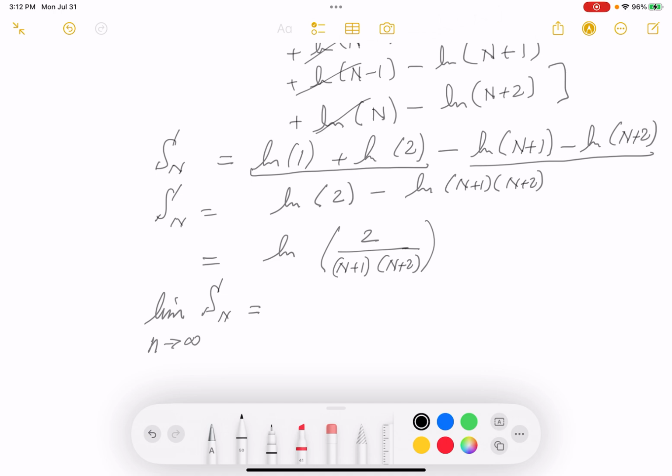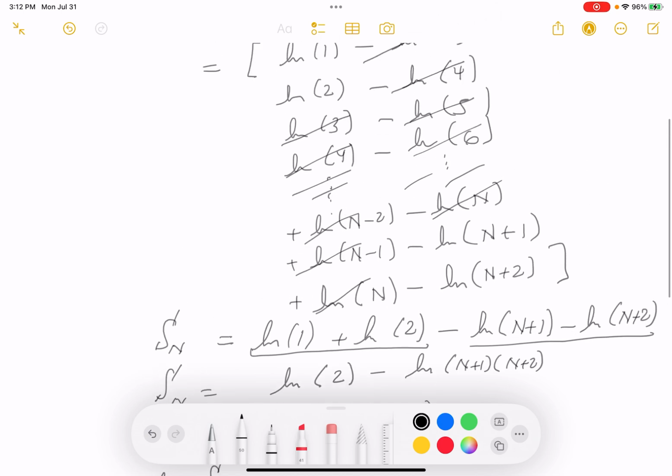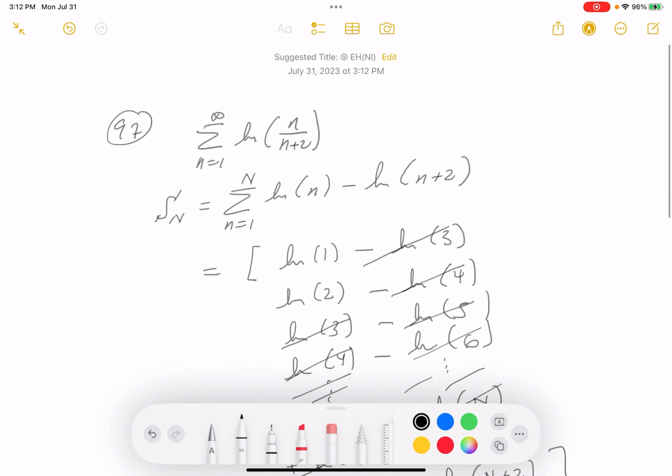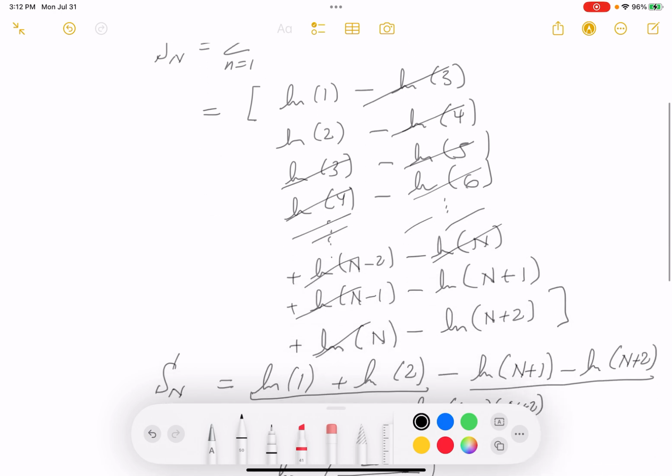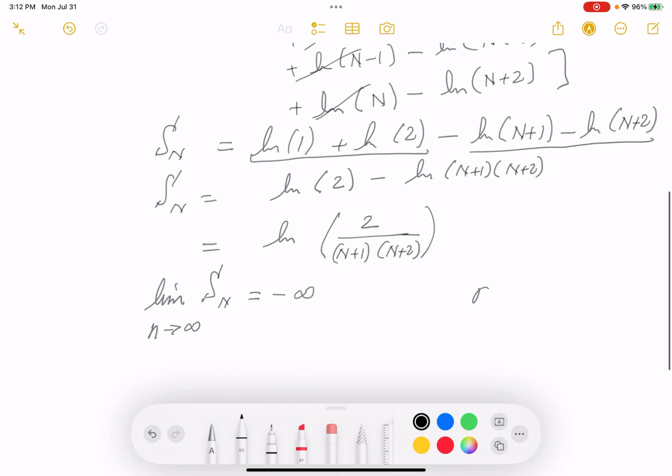Well, if n goes to infinity, the bottom gets huge. 2 divided by a huge number is going to go towards 0. And the natural log of 0 from the right side would be minus infinity. All right? Now I want to just go back over here and see if I did everything I was expected to do before I move forward. Yeah, it said the series diverges. And we're done. Thank you.